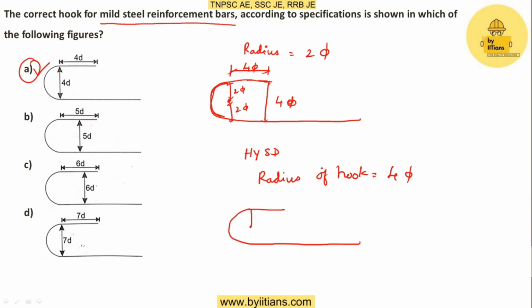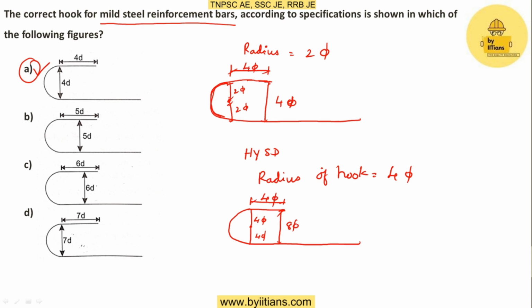So the radius will be 4 times the dia. So here also 4 times the dia. So totally the diameter of the hook will be 8 times the dia. But the extension of this hook will always be 4 phi.